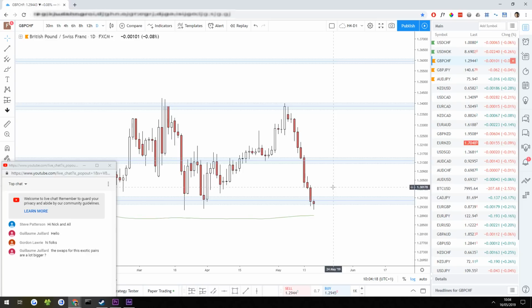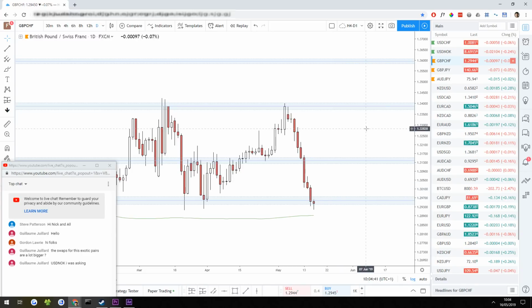Swaps are based on interest rates. USDCHF is not an exotic, by the way, but swaps are based on interest rates. Well, partly based on interest rates, partly based on how much your broker wants to gouge you. I mean by country's interest rate.